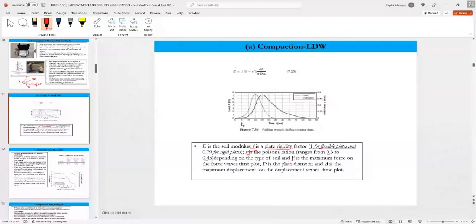The maximum force is recorded and the maximum deflection is recorded per time. So that's the maximum force and maximum displacement. Okay, good. Once you get the maximum force and the maximum displacement, you're able to calculate the Young modulus of the soil.